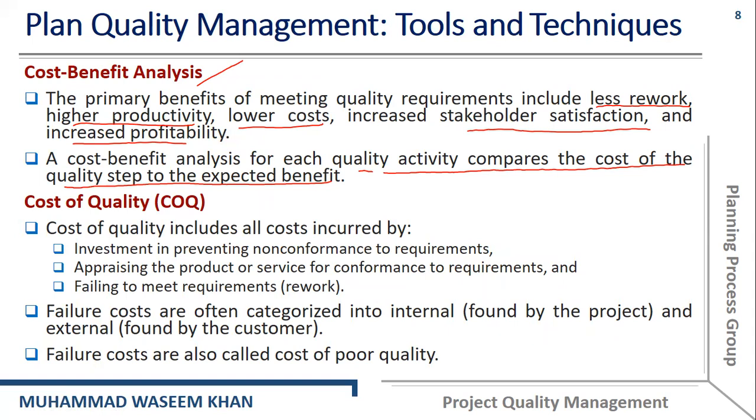The second one is the cost of quality. Cost of quality includes all costs that are incurred by investment in preventing the non-conformance to requirements, appraising the product or a service for conformance to requirements, and if failing to meet the requirements, that is rework.